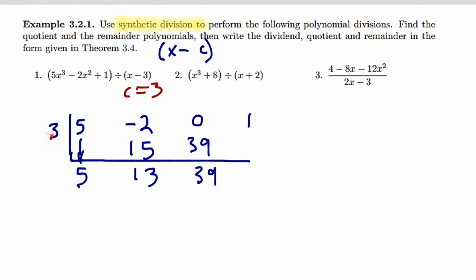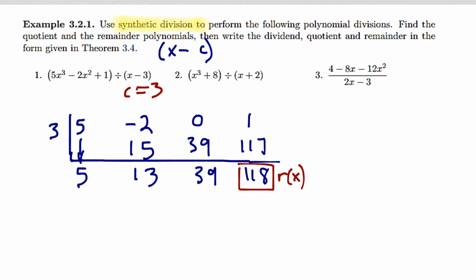We multiply 3 times 39, and you get 117, which goes right here. You add these two numbers together, and you get 118, and that goes here. Once that last spot is filled, then you're done with the algorithm. Okay, so this right here is r of x.